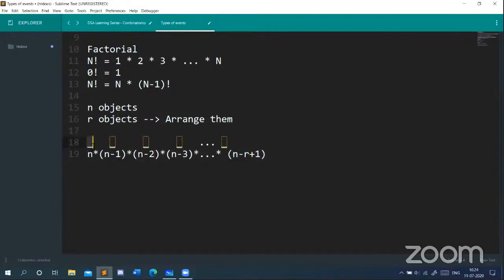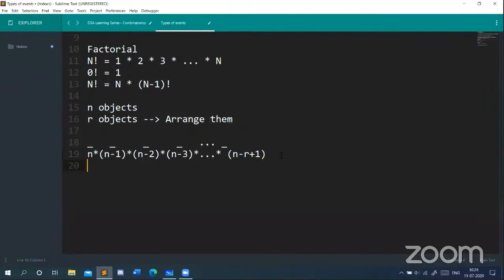So what we're subtracting is 1 less than the blank number. So this is n minus 0, n minus 1, n minus 2, n minus 3, and for the last, n minus r plus 1. If you just try it with a few examples, you get an idea of this. I really encourage you to do that.